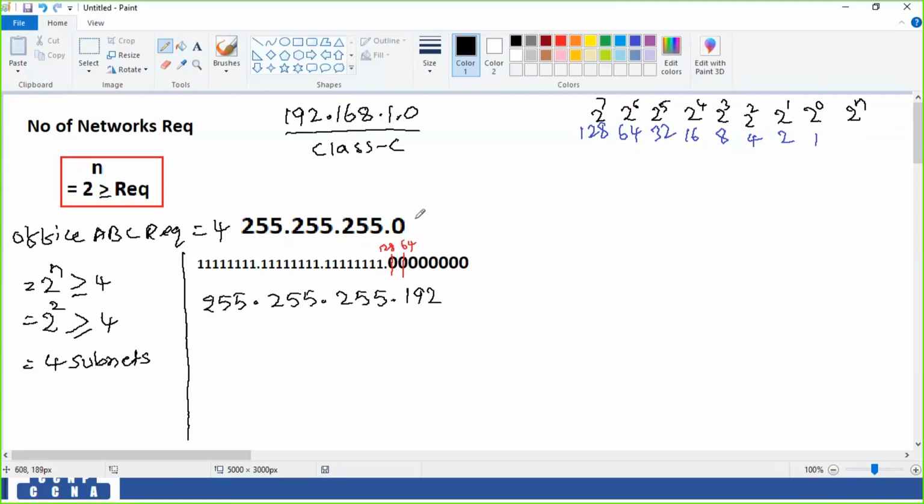Before subnetting, the mask we have we call the Default, DSM, default subnet mask. After subnetting, we got one more mask. This mask we call CSM, customized subnet mask. If it is not subnetted, we call it DSM, default subnet mask. If it is subnetted, we call it CSM, customized subnet mask. Done? Okay.